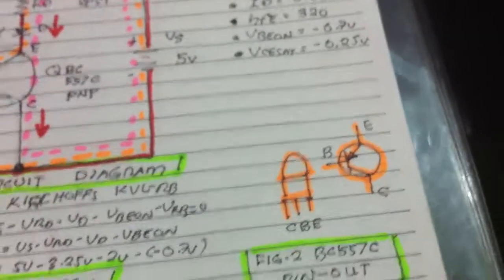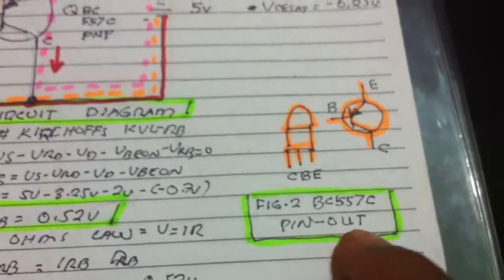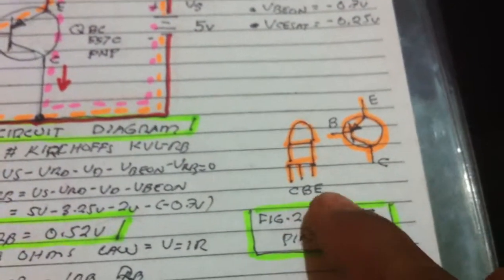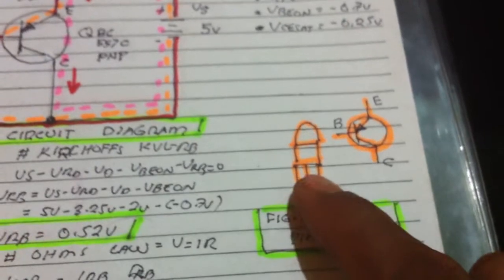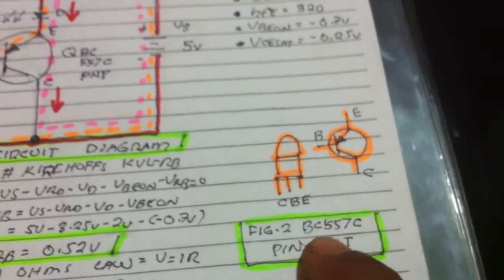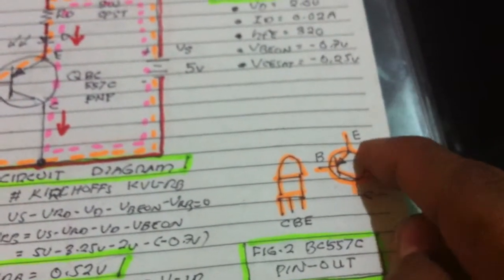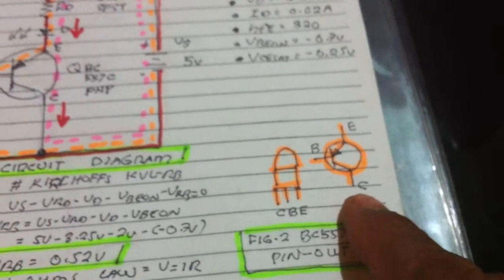And we have this BC557C pinout, CBE. That is the actual component, and this is the symbol of PNP BC557C. E, emitter, base, collector.